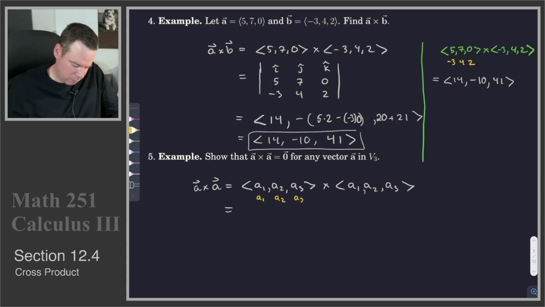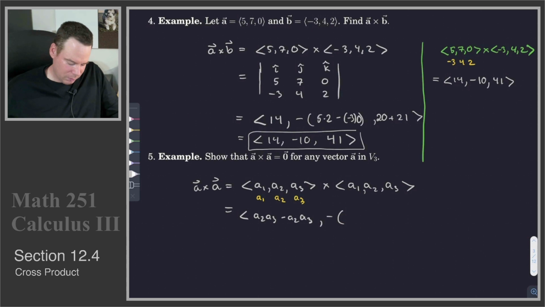So I'll write the components down there. Our first entry is going to be, cover up the first one, so it's A2 times A3 minus A2 times A3, and that's going to be 0. What's our next component?